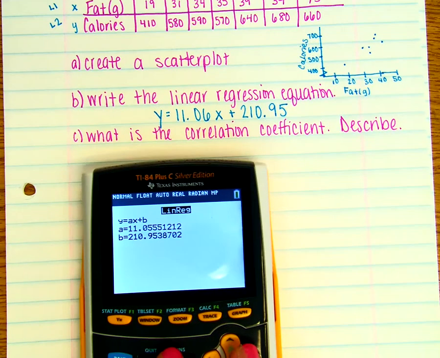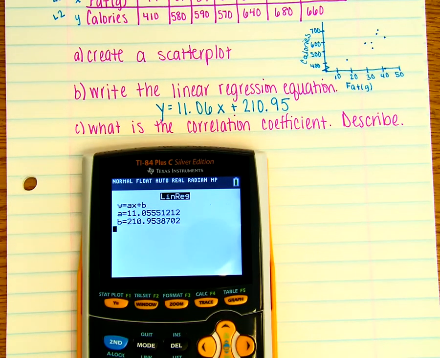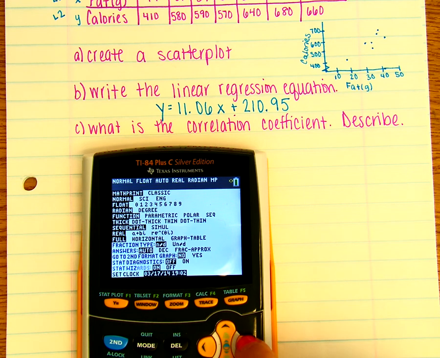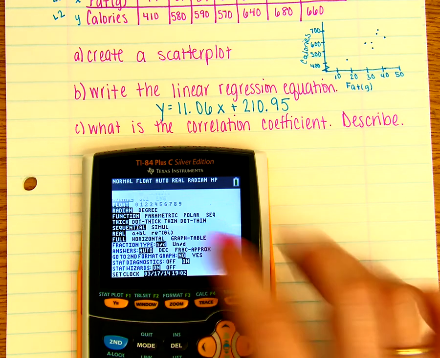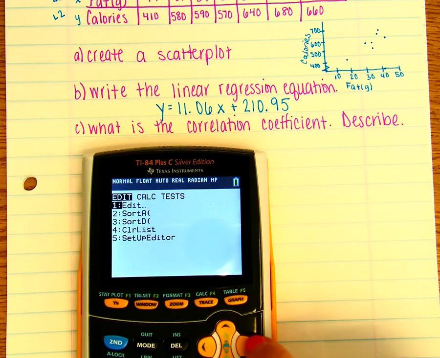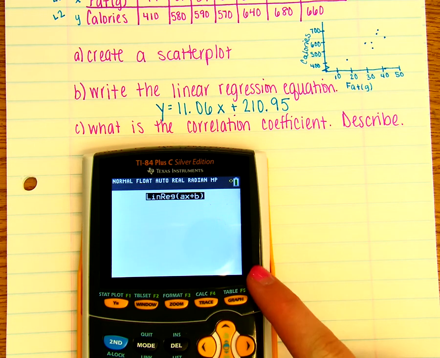Now you can see when I have brought up my linear regression equation, I didn't get a correlation coefficient, and that's because my stat diagnostics is not on. So to turn it on, remember, you go to Mode and go all the way down until you see Stat Diagnostics, move over to On, and click it so that it's on. Second Mode will bring you back to your main screen.